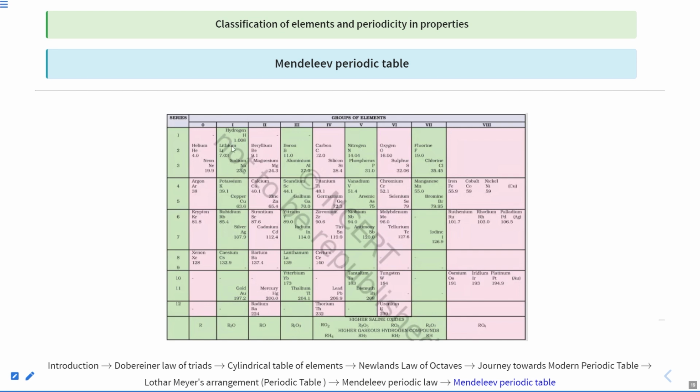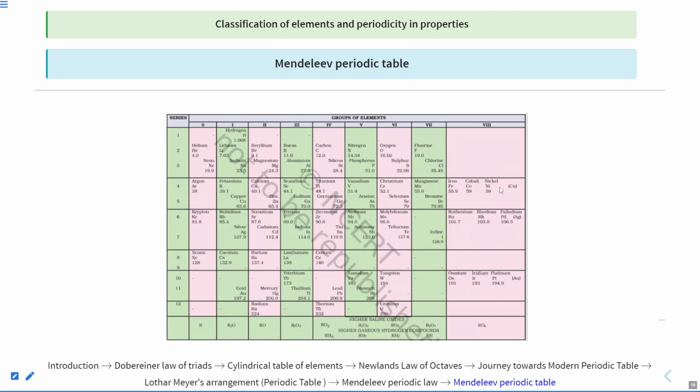This is the way he tried to order them. Now, if you see here, you will find that there are some gaps left in between. Here is one gap, here is one gap, here is one gap. These are the places where he said that in the future we will find some elements that will occupy these places. So this is the periodic table.